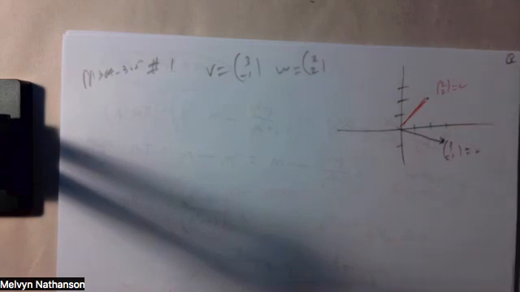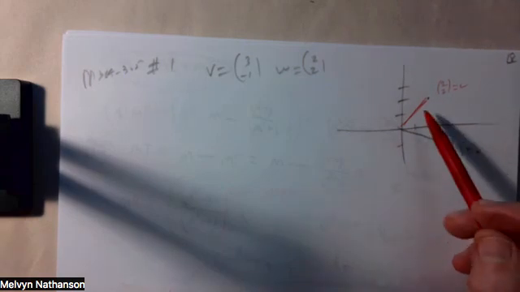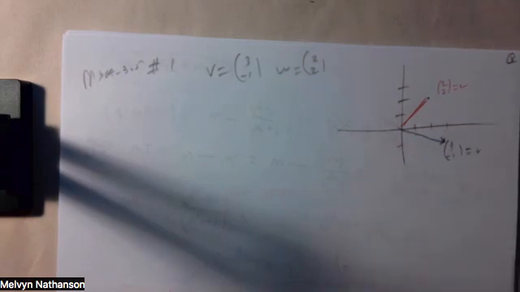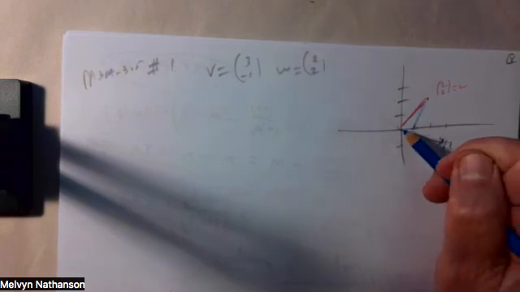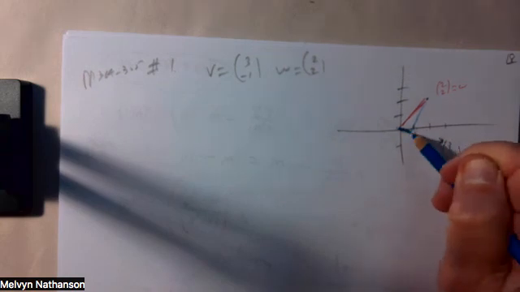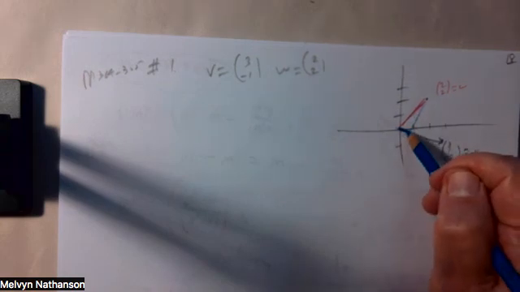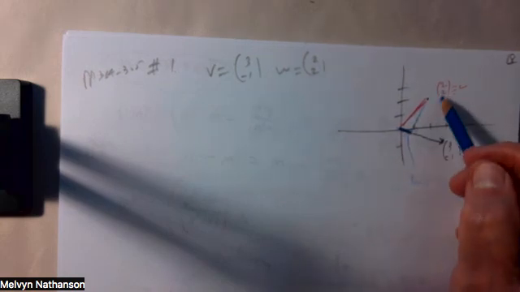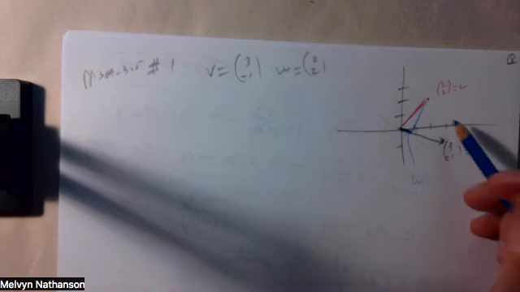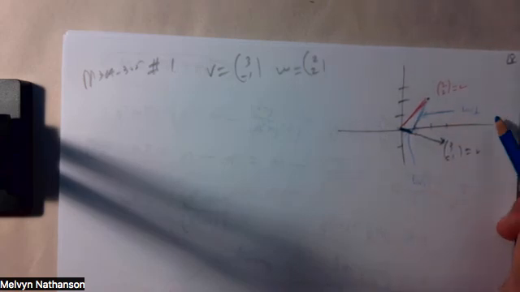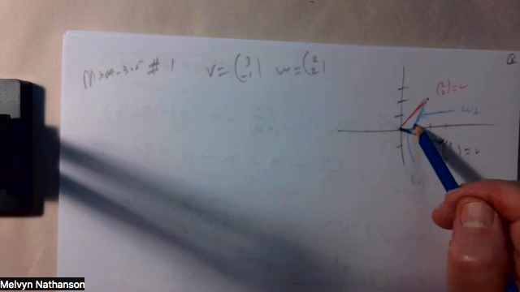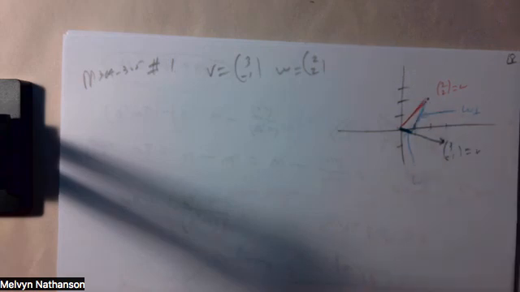That's the vector W. And I want to write W as a sum of a vector parallel to V and perpendicular to V. If I were to draw this right angle, this piece would be the component of W parallel to V, and this piece would be the component of W perpendicular to V, and this plus this add up to W.